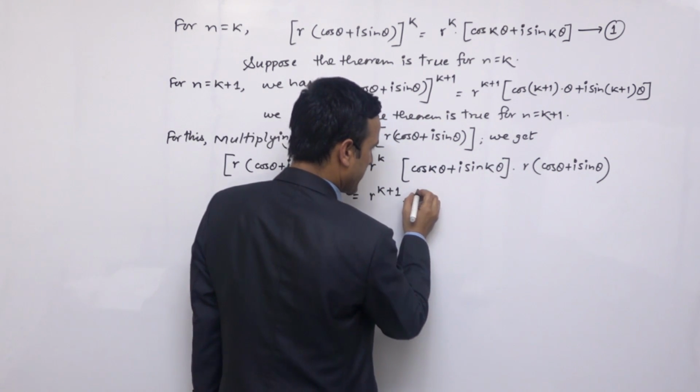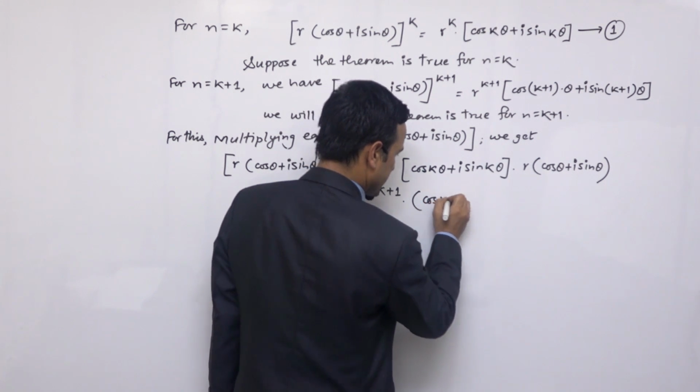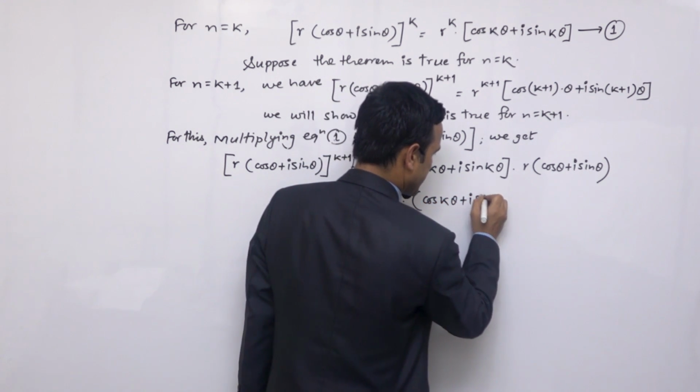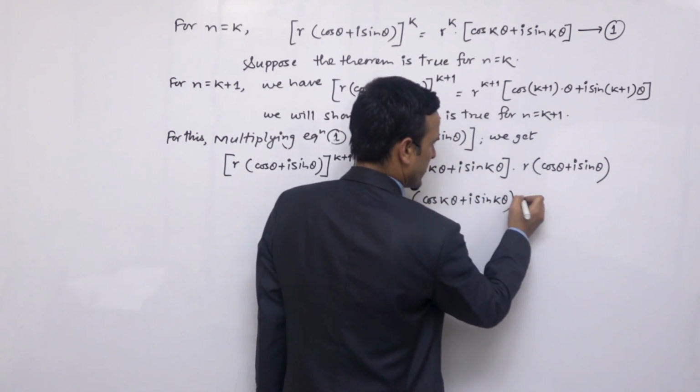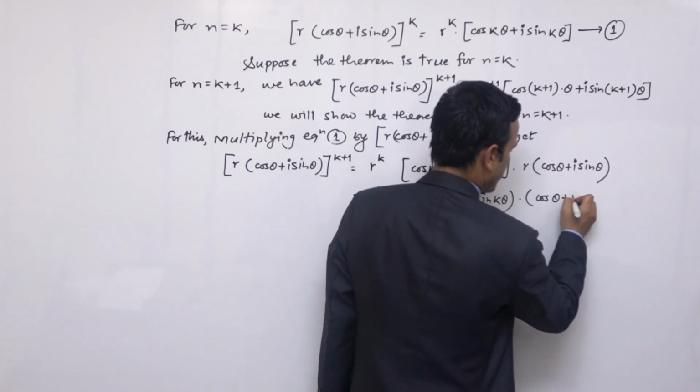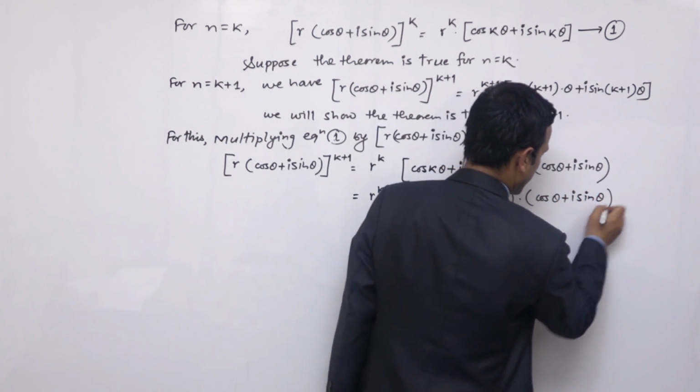So what will happen now: cos k theta plus i sin k theta into cos theta plus i sin theta.